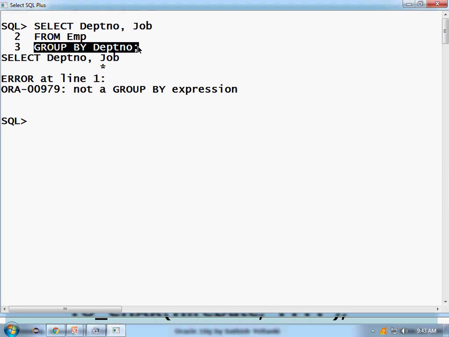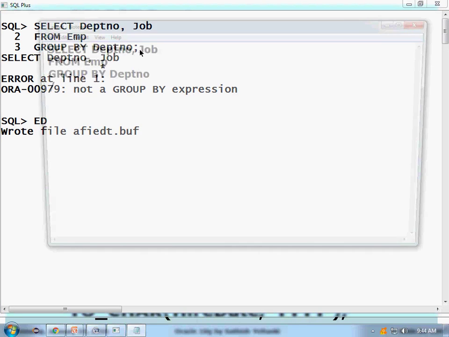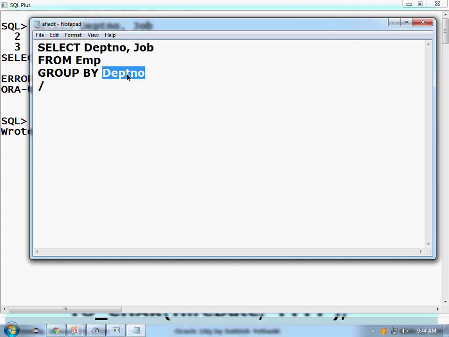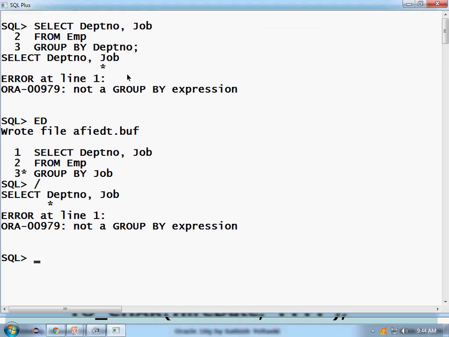If the number of columns in the group by is less than what you are projecting, it is an error. So, you cannot project 2 columns and say group by 1 column. It's not acceptable. It can be any column, it doesn't matter. It's an error.